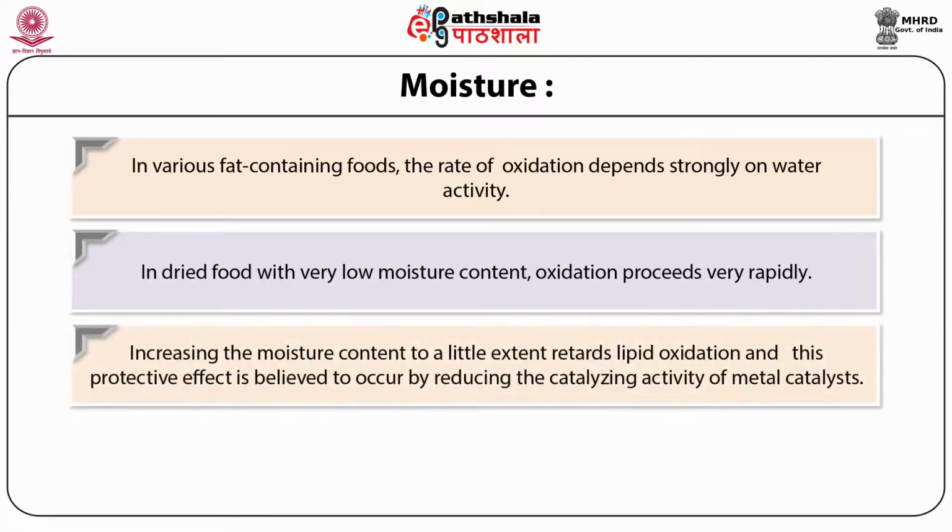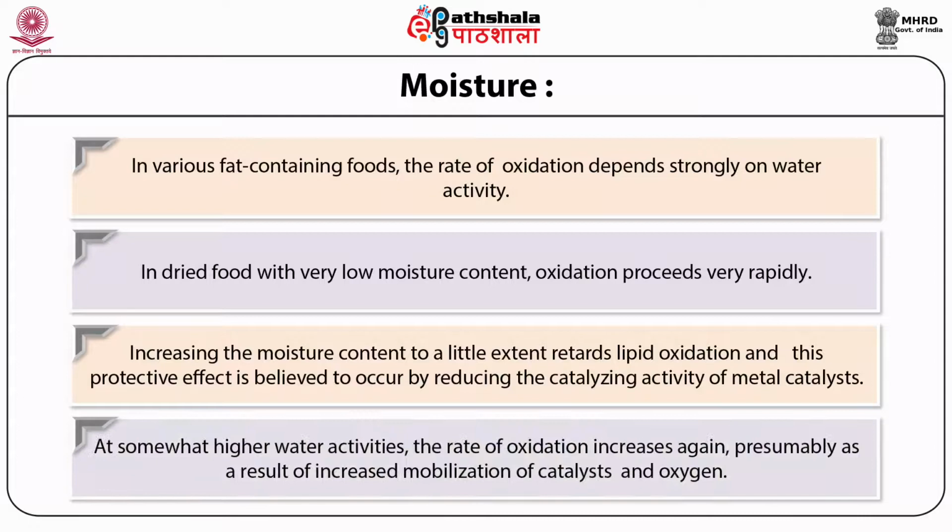Increasing the moisture content to a little extent retards lipid oxidation, and this protective effect is believed to occur by reducing the catalyzing activity of metal catalysts. At somewhat higher water activities, the rate of oxidation increases again, presumably as a result of increased mobilization of catalysts and oxygen.